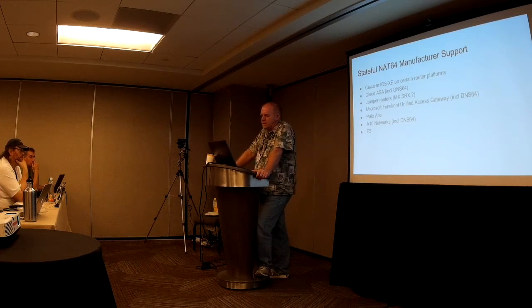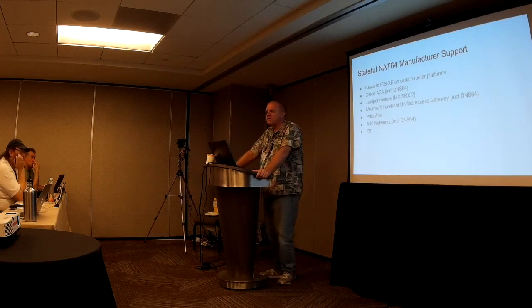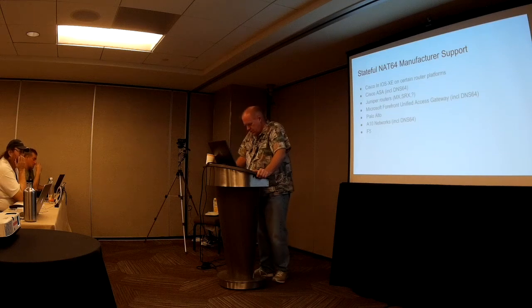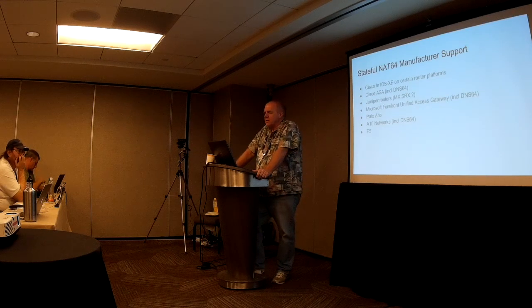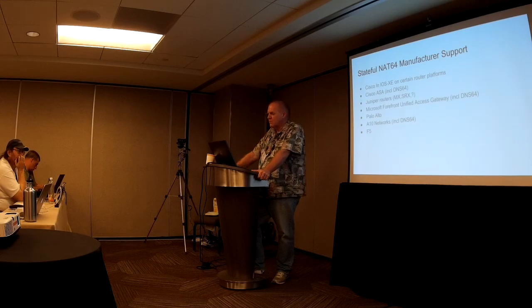You do DNS64 and NAT64. You're not supposed to say 64, by the way, but I don't care. And then F5, one of our Internet2 member campuses, is looking at doing this because they have engineering interests on campus that want to mess around with V6-only networks, and they have an F5 appliance in front of them, which does. Yeah. So there's probably other things, but I haven't rooted them all out.